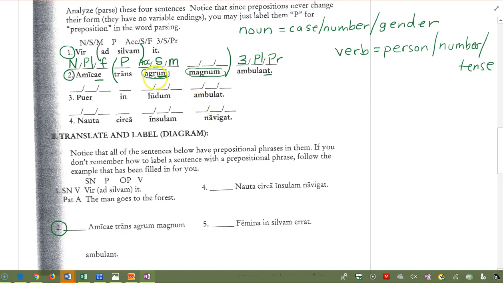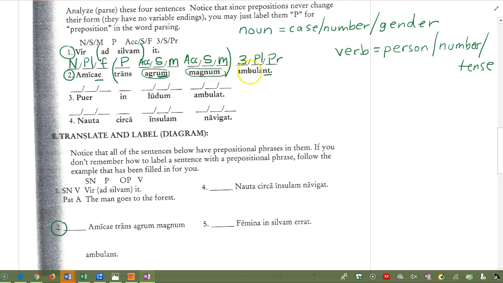Now since this is an adjective, magnum, so across the field, what kind of field? The large field or the great field. We automatically know that our adjective is going to match in case, accusative, in number, singular, and in gender, masculine. So whenever we get a little adjective matched up to our noun, it's a freebie.